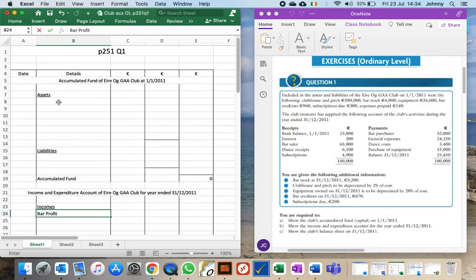So we're clubhouse and pitch. And that is 380. So we're going to add all these in the middle column and have to put the total in the right hand column. So clubhouse, we have bar stock is 4 grand.